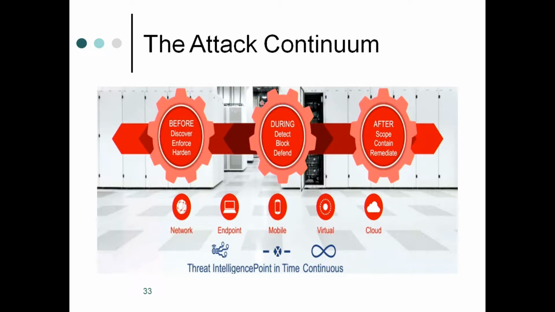Okay, so we have to enforce if it is not there. So you have to enforce new rules in the system so that even if that attack is there, you are not affected too much.